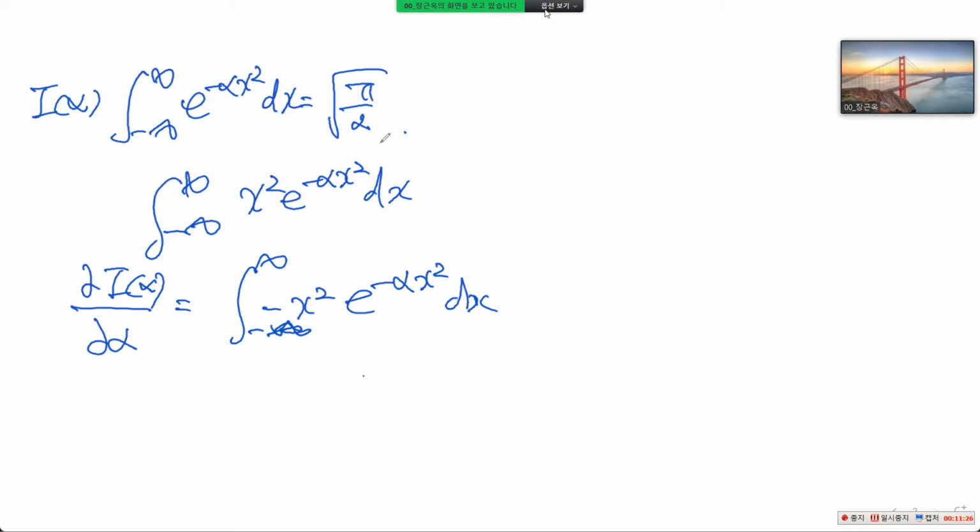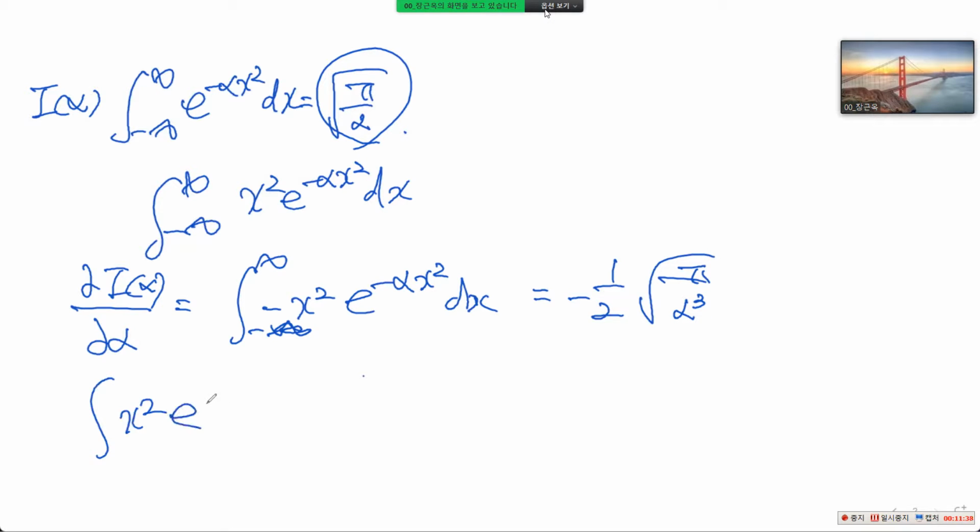So taking the derivative with respect to alpha, it gives minus 2. So finally we have, 이렇게 됩니다.